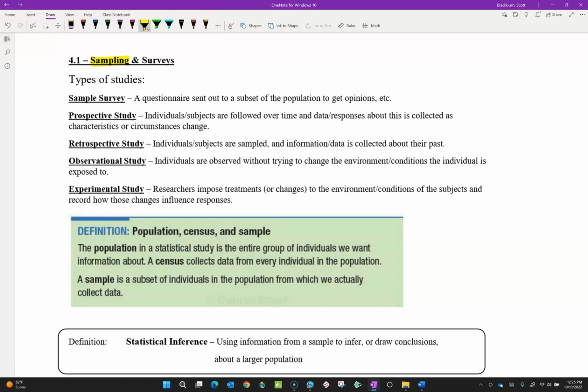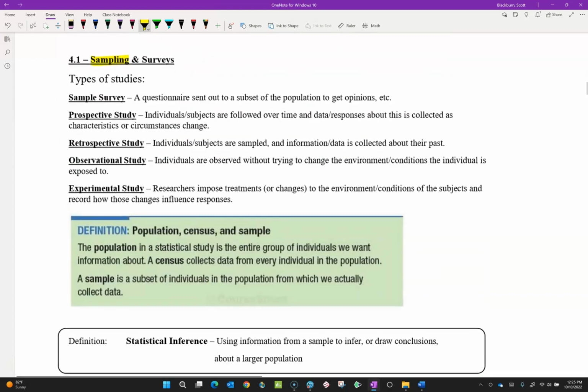That's an experiment. We're going to talk about all of these. Mostly we're going to talk about sample surveys and observational studies in 4.1, and then good experimental design in 4.2. That's kind of our goal.